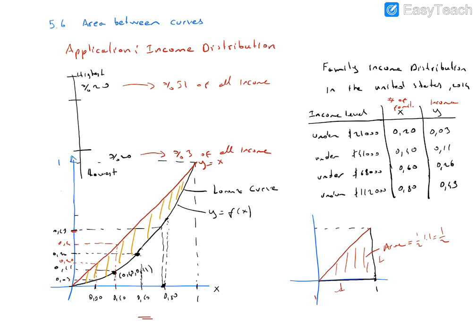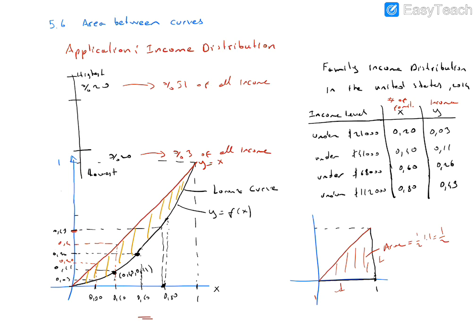In actuality, the Lorentz curve lies between these two extremes. It is not possible to be exactly at either, not y equals x and not this one.